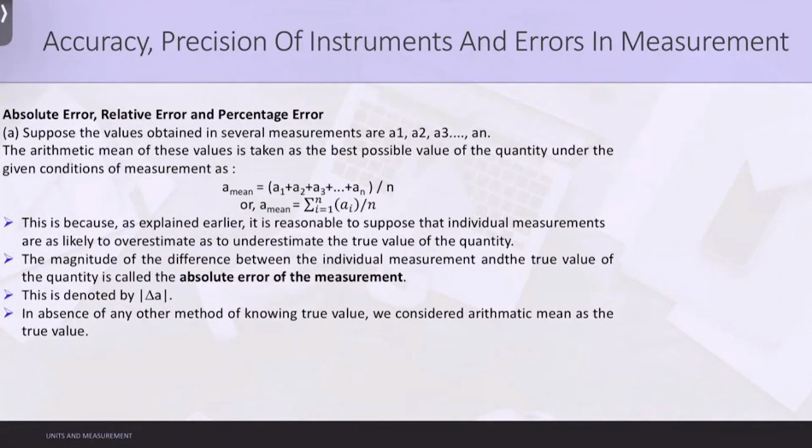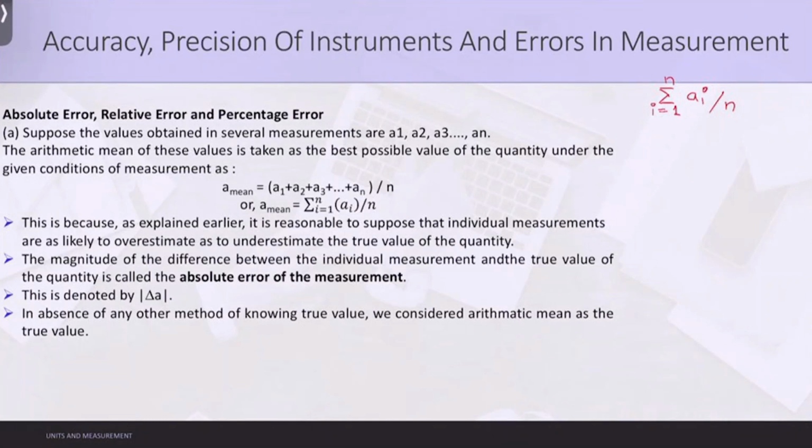In this scenario, the number of values is equal to n. Or we can write it as A mean is equal to summation i from 1 to n of ai by n. So this is just the notation we use. Here i can be 1 to n. So this is the summation sign, so a1 plus a2 plus a3 and so on till an.